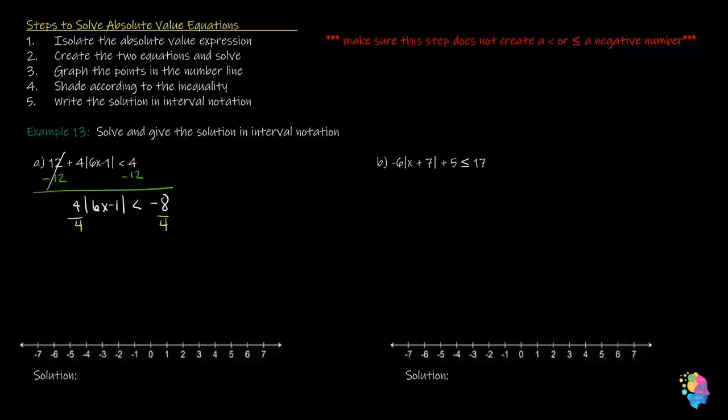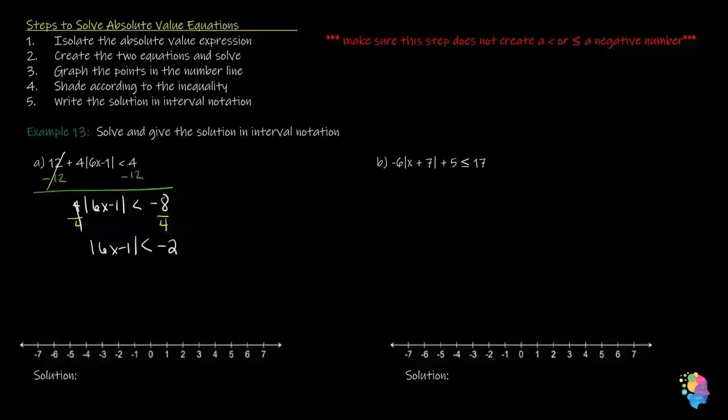From left to right, 4 divided by 4 is 1 times the absolute value, or just that absolute value. And on the right side, negative 8 divided by 4 will be negative 2. And I'm going to notice here that I divided by a positive number, so then the inequality remains the same.